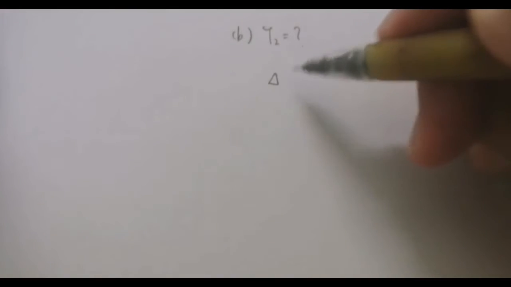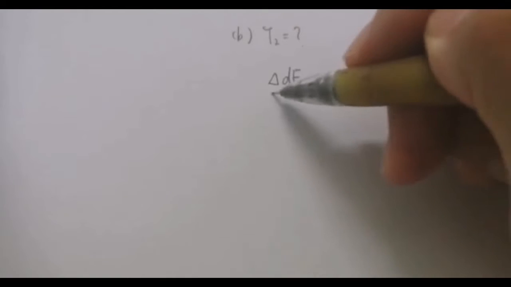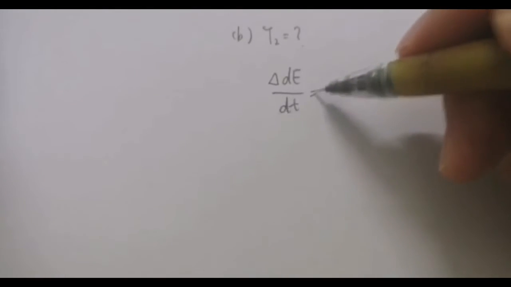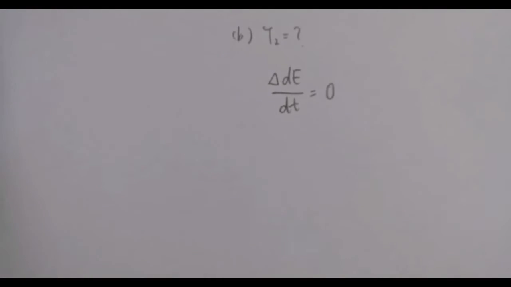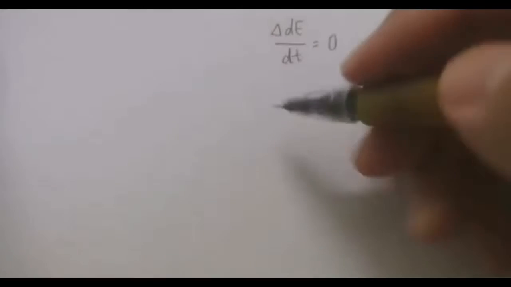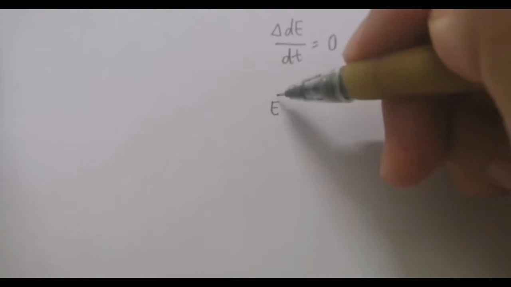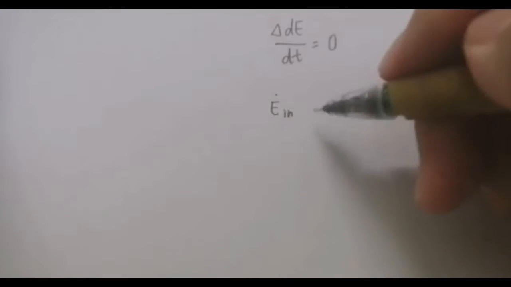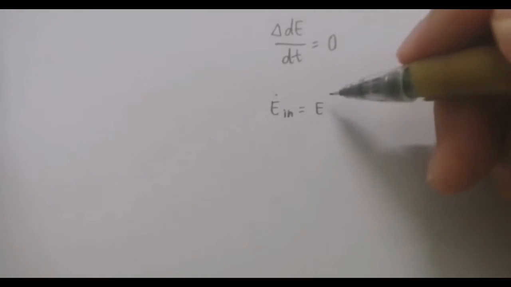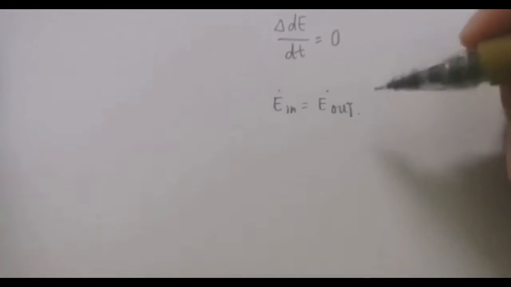For question B, we're asked to find the temperature of air leaving the diffuser, which is T2. As we know, the rate of change of energy flow is equal to 0 in the nozzle and diffuser. Based on the energy balance, the rate of energy flow in is equal to the rate of energy flow out.